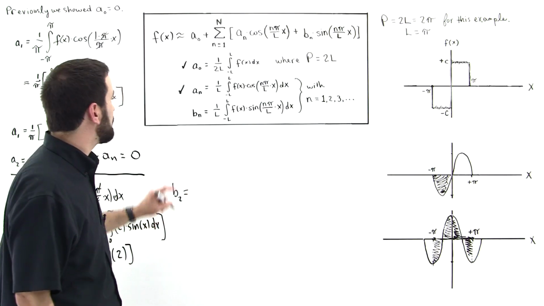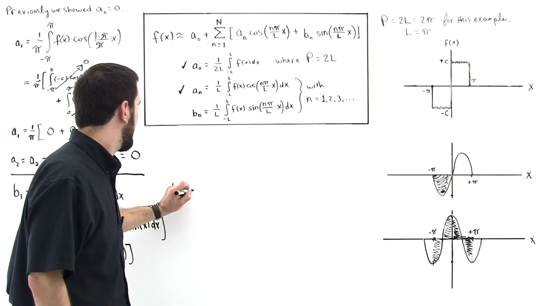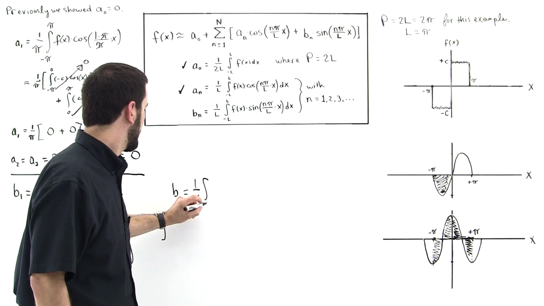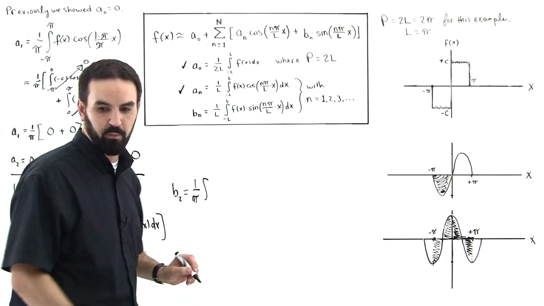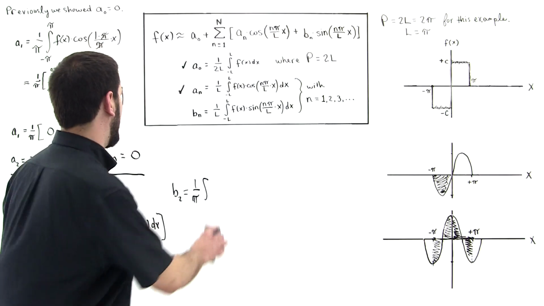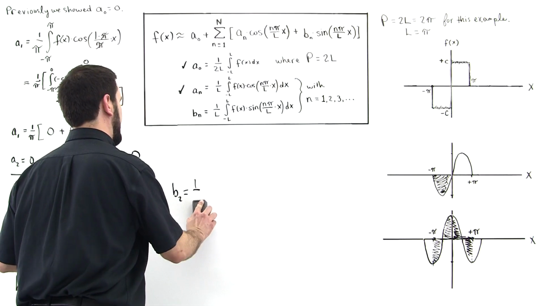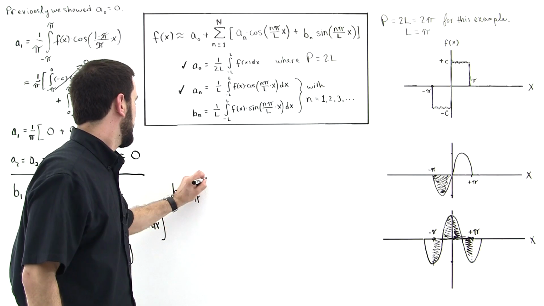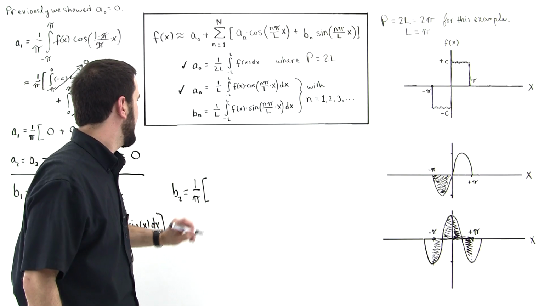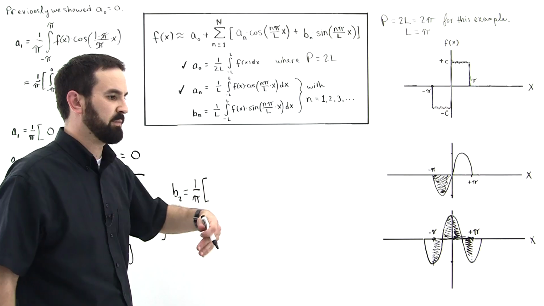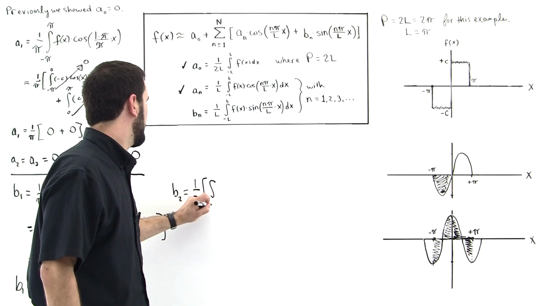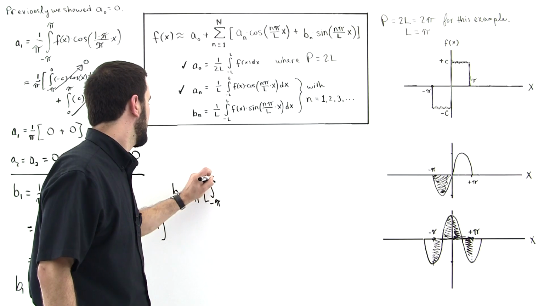Okay, so b2. Now we're doing the second one for this. 1 over pi, integral from, and now we're going to break it up right away, because we know we're going to have to anyway. Negative L to L, so we're going from negative pi to 0, and then we're adding 0 to pi. So let's go from negative pi to 0.